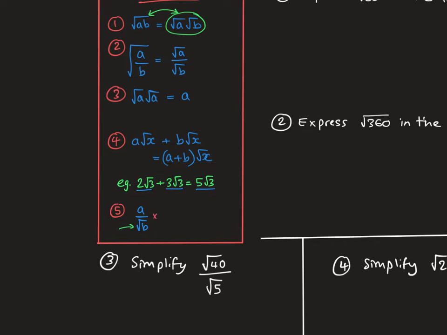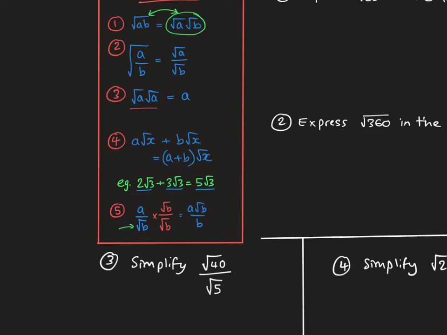So what we can do is multiply that by itself. And just as we saw with rule 3, if you multiply a root by itself, it will cancel out to just give b as the denominator here. But of course, if we multiply the bottom by root b, we also have to multiply the top by root b, and what we end up with is a root b over b.